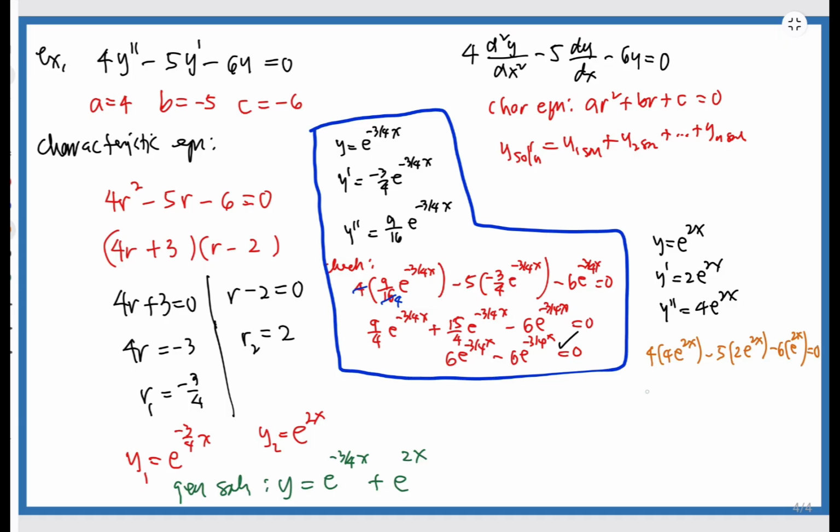So 4 times 4 is 16 e to the 2x minus 5 times 2, 10 e to the 2x minus 6 e to the 2x, is it equal to 0? So we have 16 e to the 2x minus 10 minus 6 is minus 16 e to the 2x equals 0. As you can see, 0 equals 0. So the second solution is also a solution.